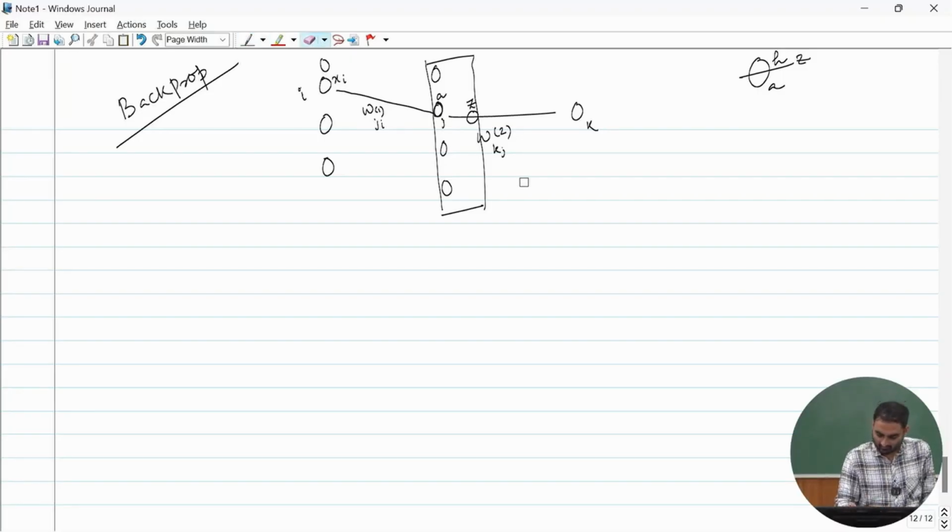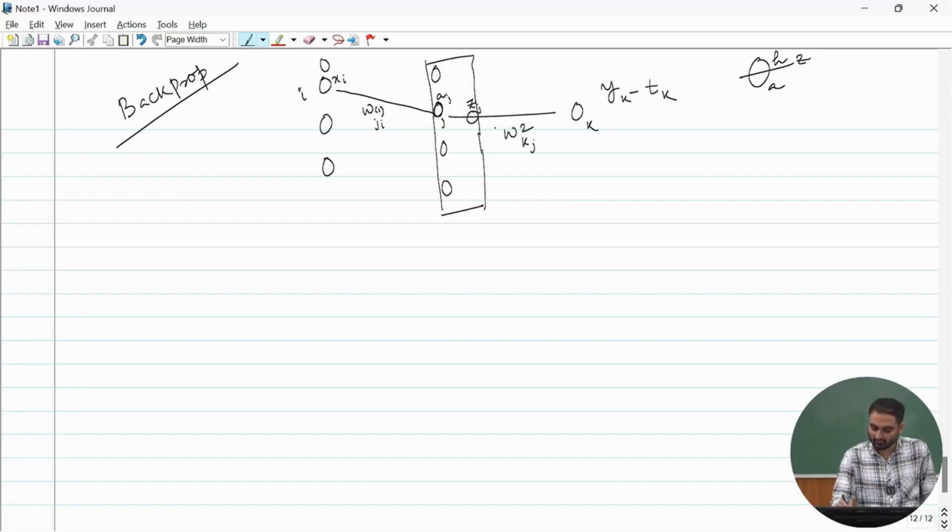Okay, W_kj^2. So when we compute this yk, let us assume that you also know the ground truth for this input, and the ground truth is tk.